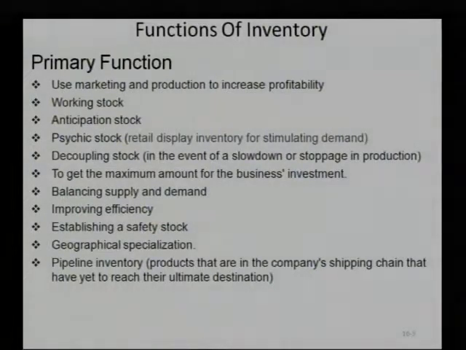We are going to discuss all of them in detail later. Decoupling stock, maximum amount of business investment, balancing the supply and demand, improving the efficiency of the entire supply chain. A safety stock, inventories are required, different commodities are required at different geographical locations. Then there is a pipeline inventory, particularly for products which are ready to be dispatched.